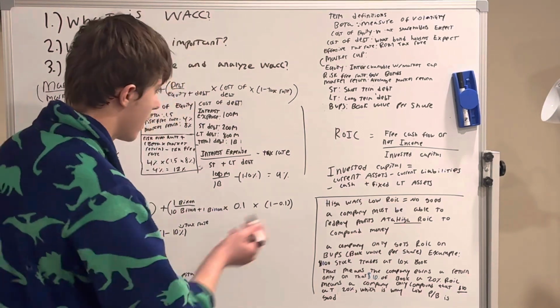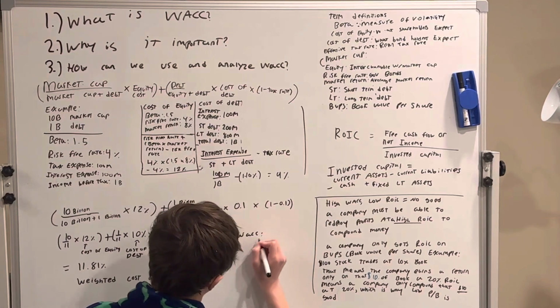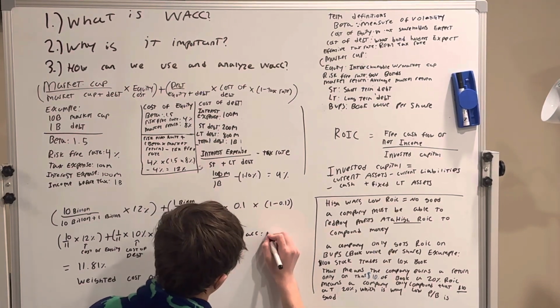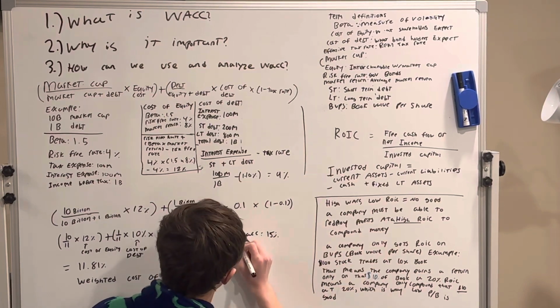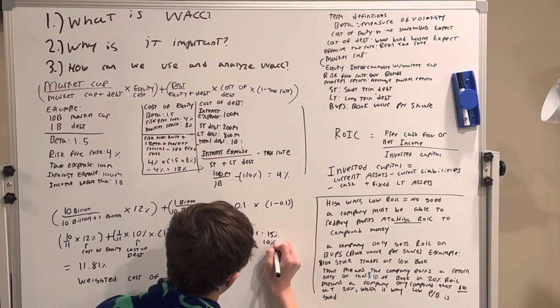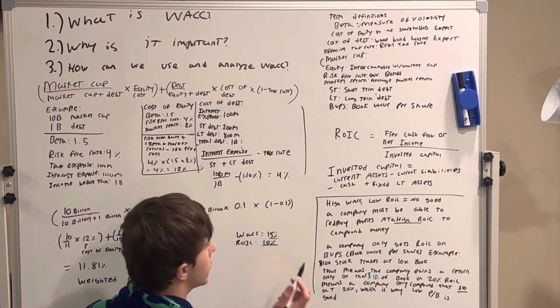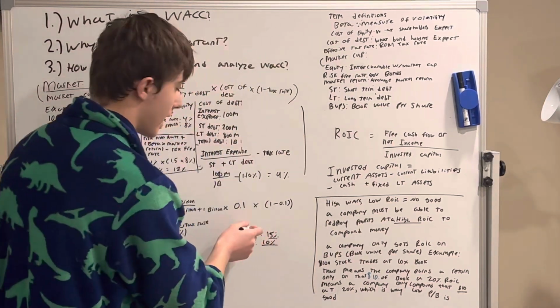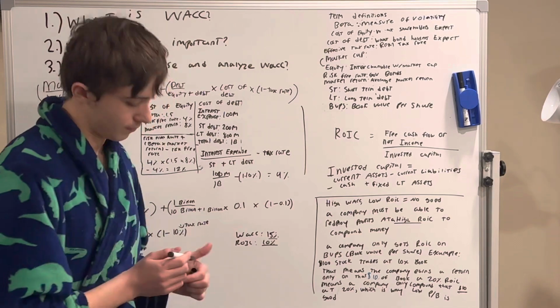So if you had a WACC of, I don't know, 15%, and they had an ROIC of, let's say, 10%, that's terrible. I don't know what they're paying on the debt, but there's a good chance of paying more on the debt than they are actually receiving in the business. So they're losing money effectively.